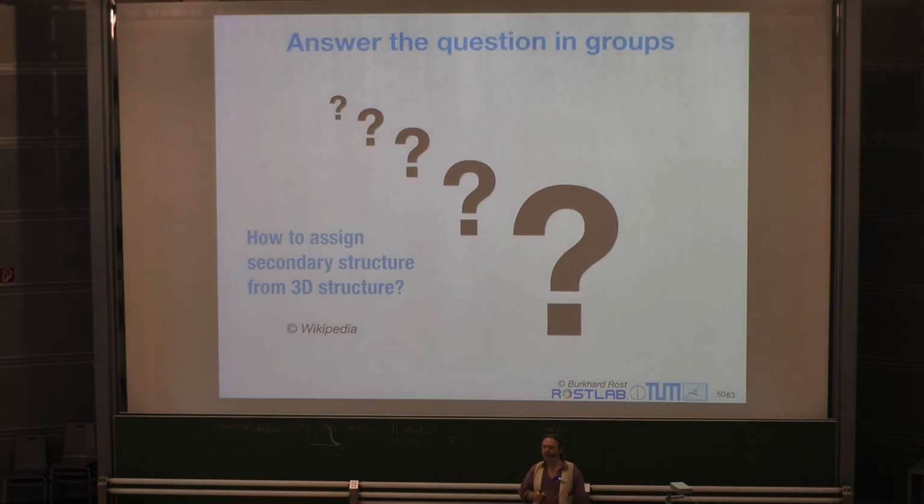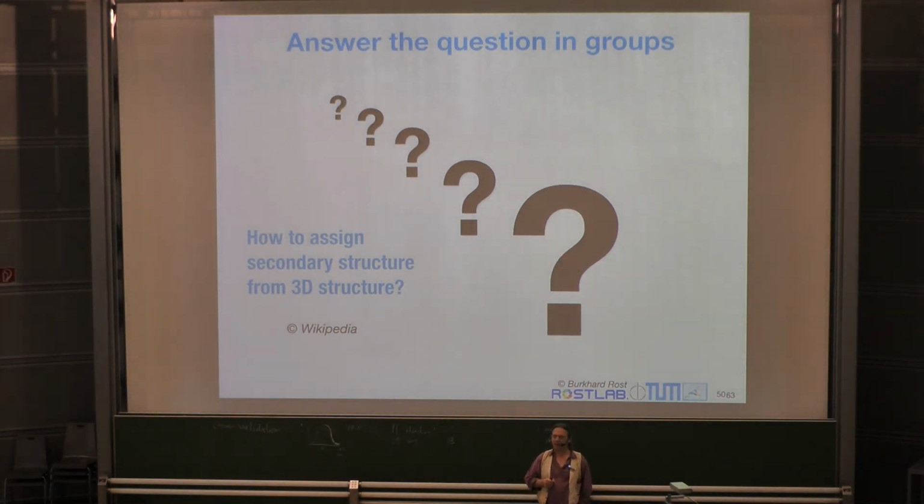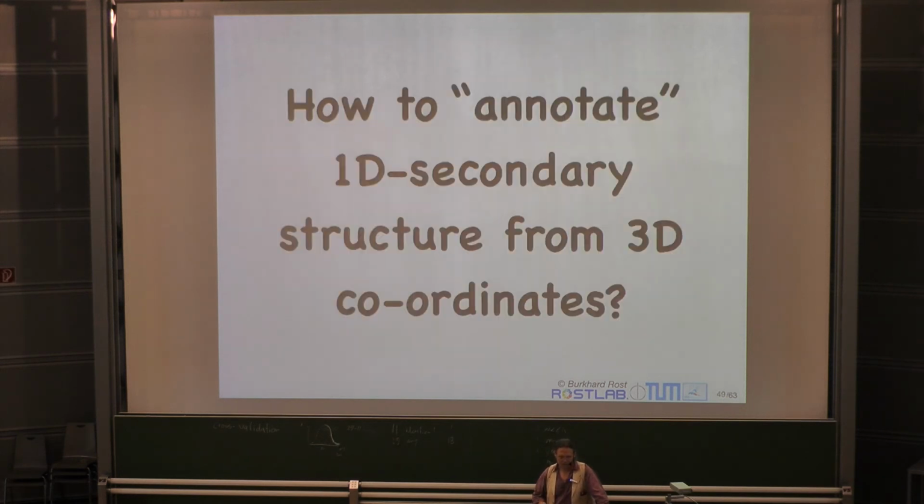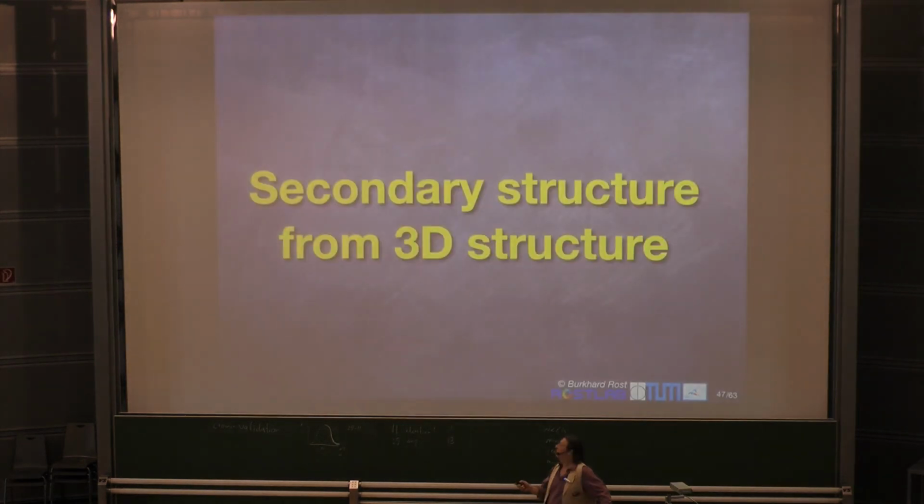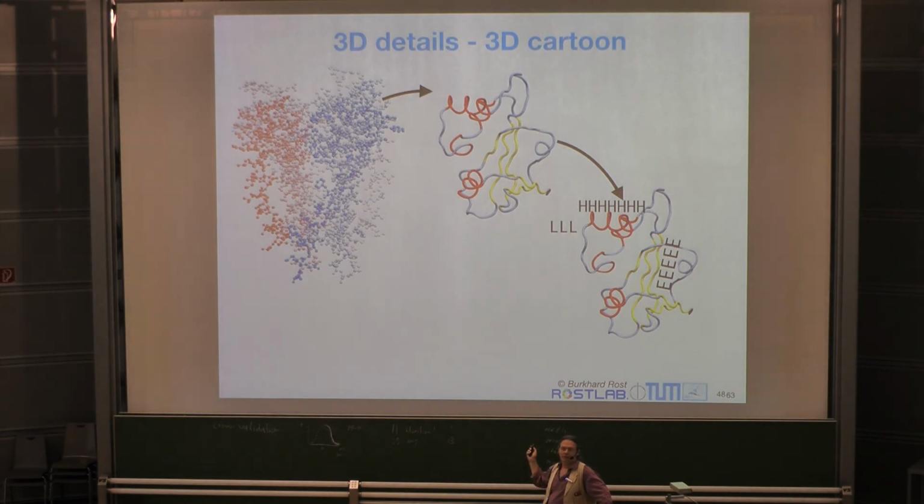Again, the idea was to have a discussion about that, but the way you sit, this is complicated. How could you do it? So I give you 3D coordinates, and what I want is something that looks like that: an assignment of where is the helix, where is the strand. How could you do that?